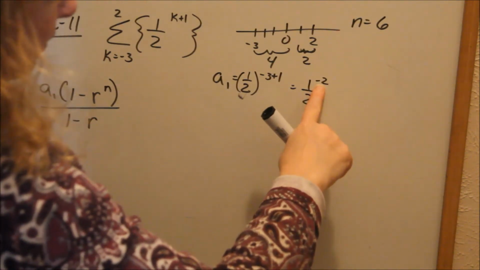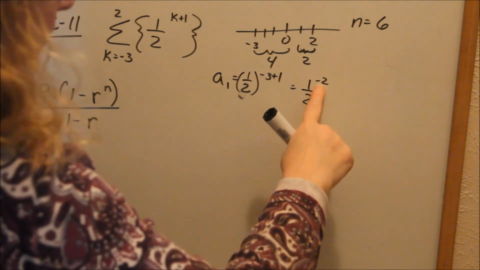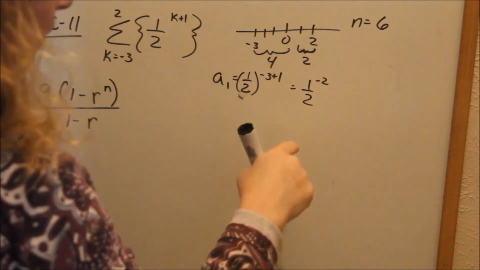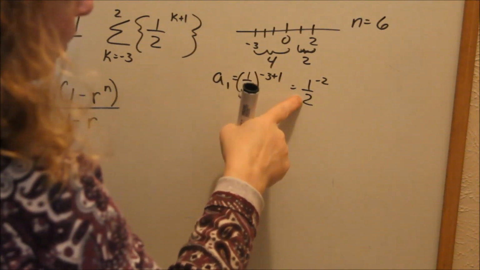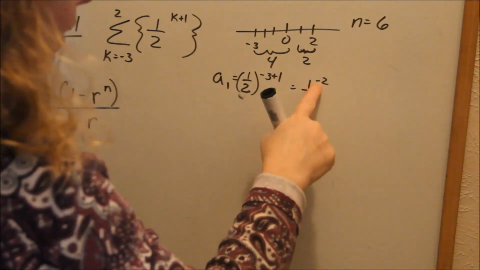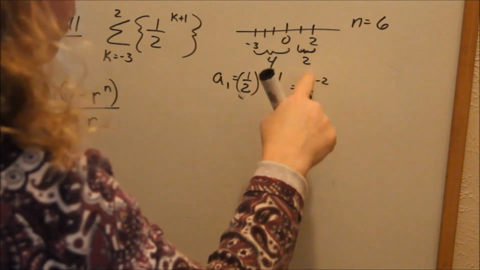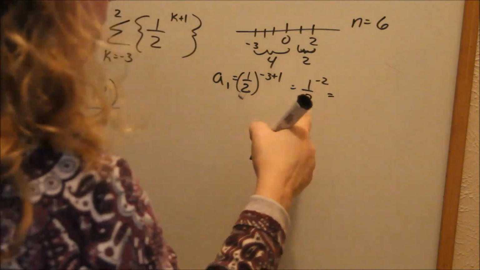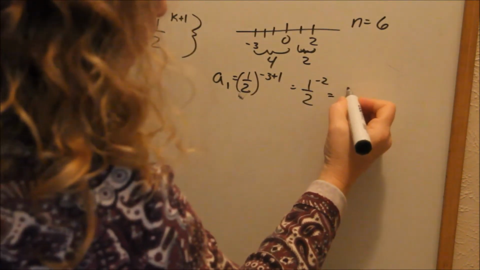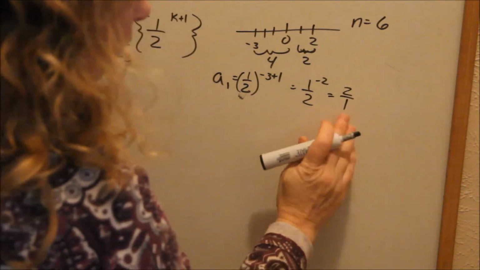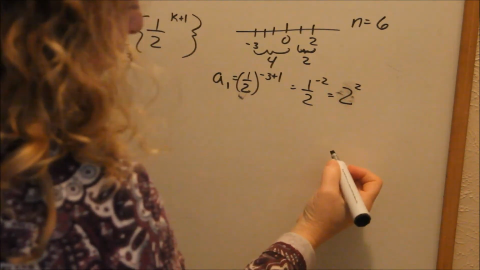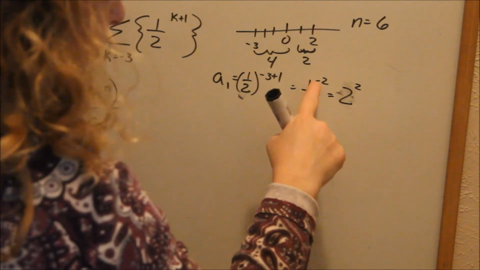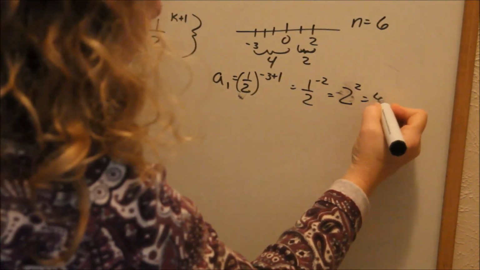To make the exponent positive, you have to switch the places of everything. So since I have a fraction, all I have to do is take the reciprocal. Move the 2 up, move the 1 down, and that becomes a positive exponent. The exponent doesn't change places, only the bases change places. So that becomes 2 over 1, or just 2 to the positive 2. The sign of my exponent changes when I change these places, which is 4.